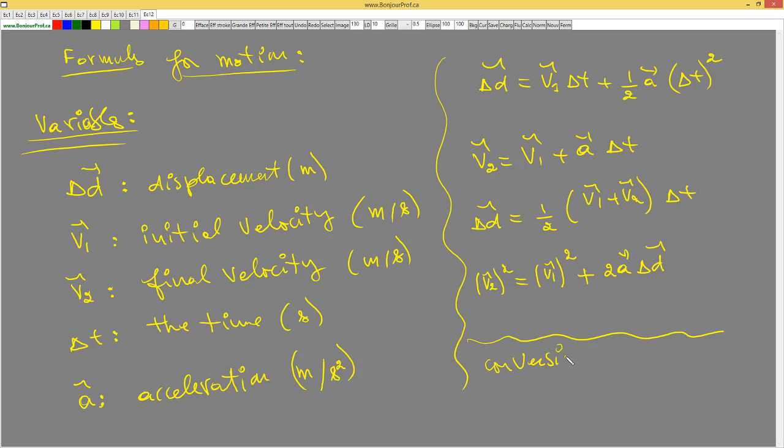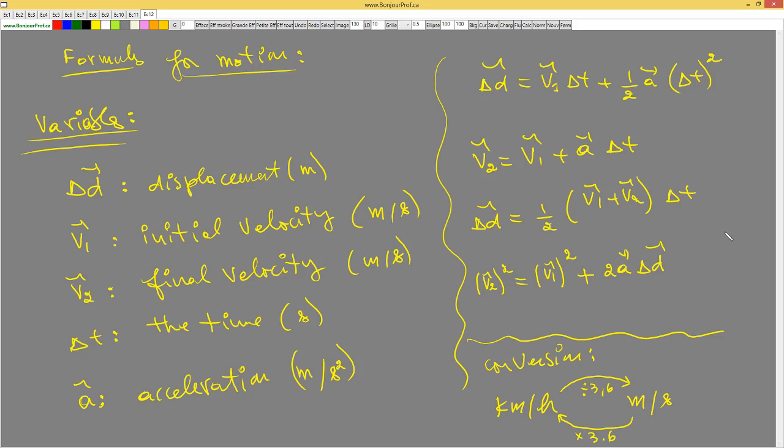If I have kilometers per hour and I have to transform it to meters per second, I have to divide by 3.6. And if you have meters per second and you want kilometers per hour, you multiply by 3.6.